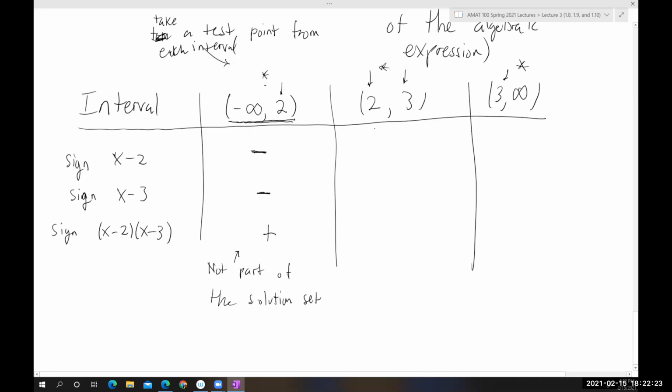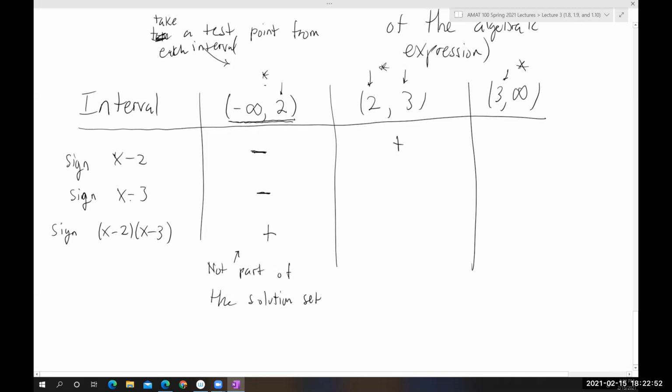Now let's go to the next interval. When we have a number between 2 and 3, what happens to the sign of these? If x is just a little bit bigger than 2, then x minus 2 will be positive. You can just convince yourself of that. If you take 2.5 minus 2, it will be 0.5, which is positive.